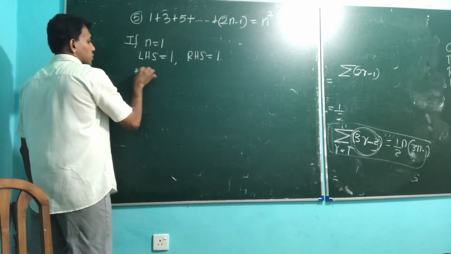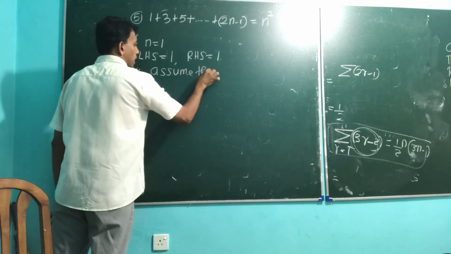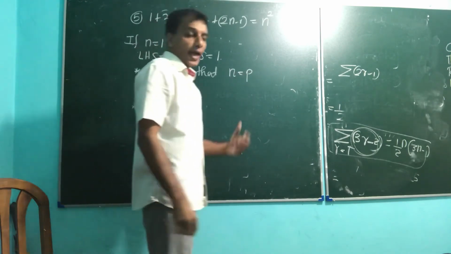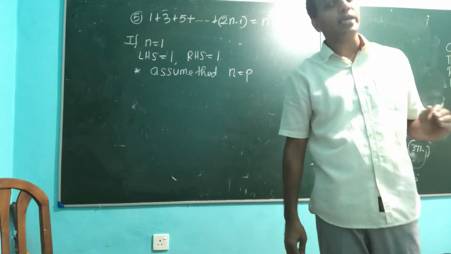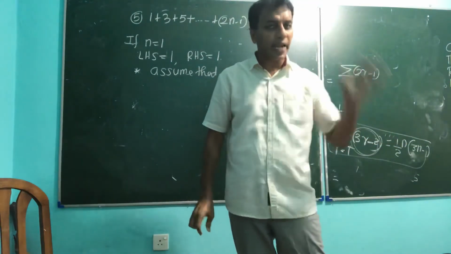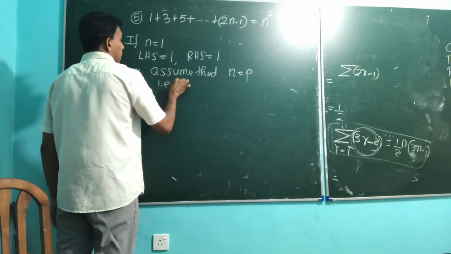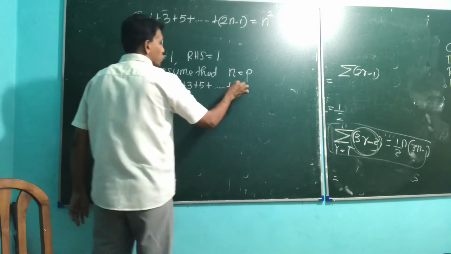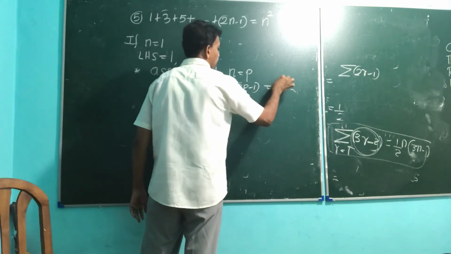Next point, assumption. Assume that the given statement is true for n equal p. Write everything, where n is, say p. That is, 1 plus 3 plus 5 up to 2p minus 1 equals p square.